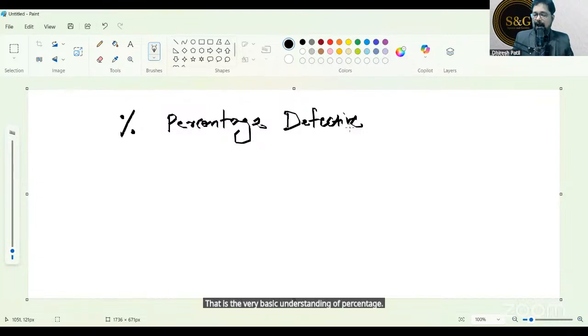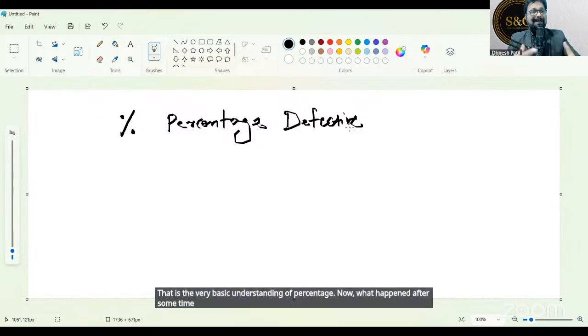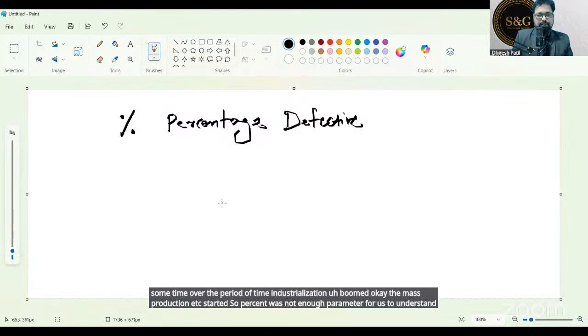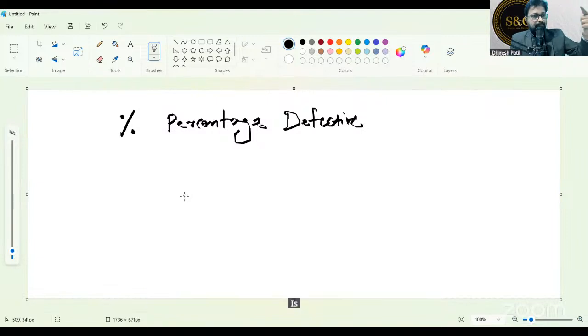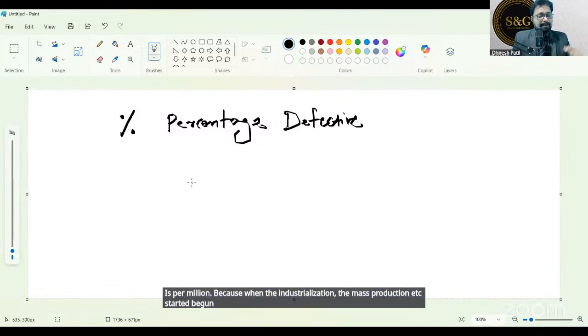Now, over a period of time, industrialization boomed and mass production started. So percent was not a sufficient parameter for us to understand, and that's where per million comes into the picture. When mass production began, percent, meaning per 100, was not a good enough denominator.